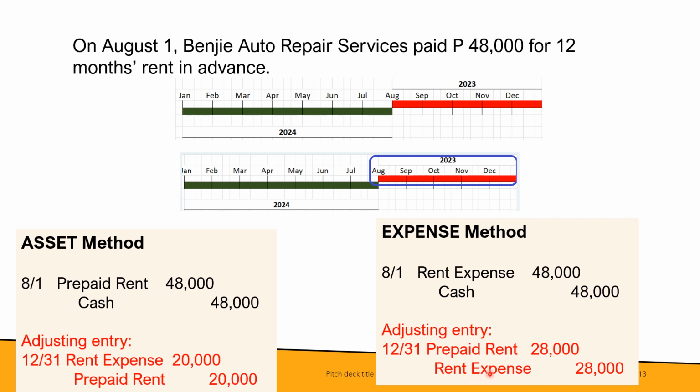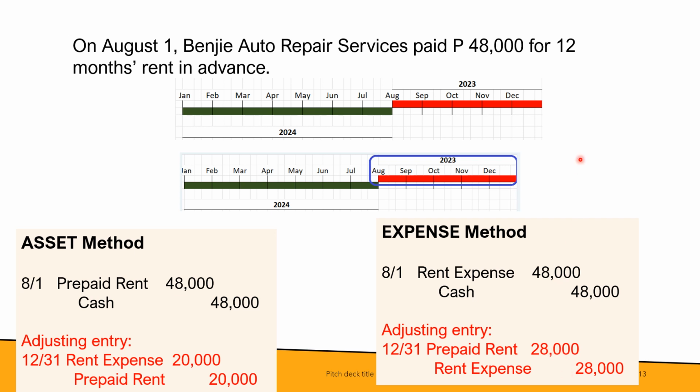Let us analyze. Since you have a prepaid rent of 28,000, you reflected the unexpired portion of rent, which is equivalent to 7,000. That is correct. How about your rent expense? You have an initial debit of 48,000 and a credit of 28,000. That will give you an ending balance of 20,000, and that is correct also.